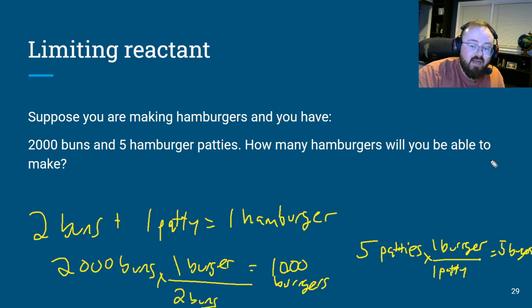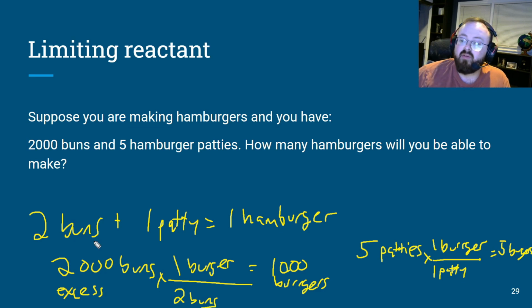One of my reactants will most likely run out first. I'll have it in excess. So in this extreme example, my buns are called the excess reactant because I'm going to end up with only 5 hamburgers. I'm not going to get to 1,000 burgers because I don't have enough patties. And so in this instance, we call the patties the limiting reactant.